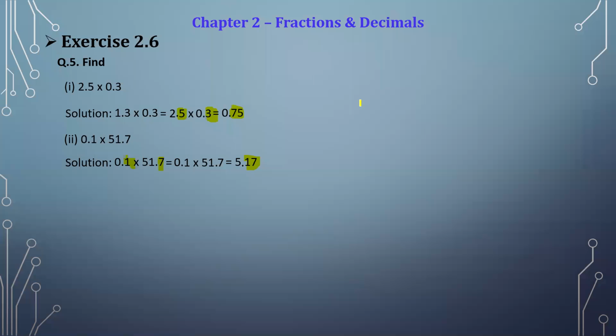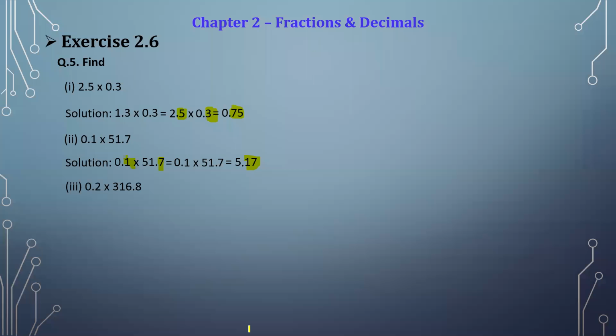Now we are going to consider the next example, which is example number 3. 0.2 into 316.8. Here again two decimal numbers are given.